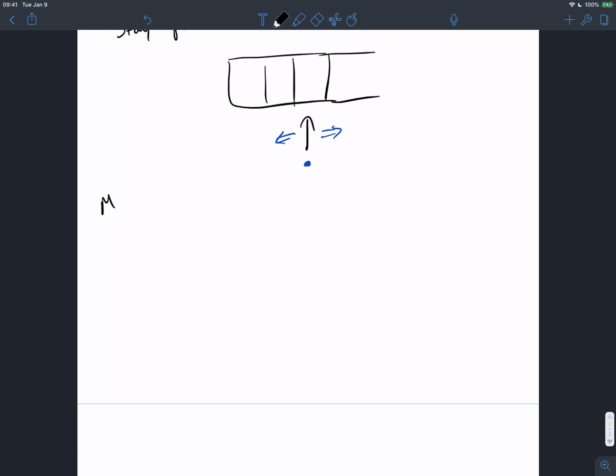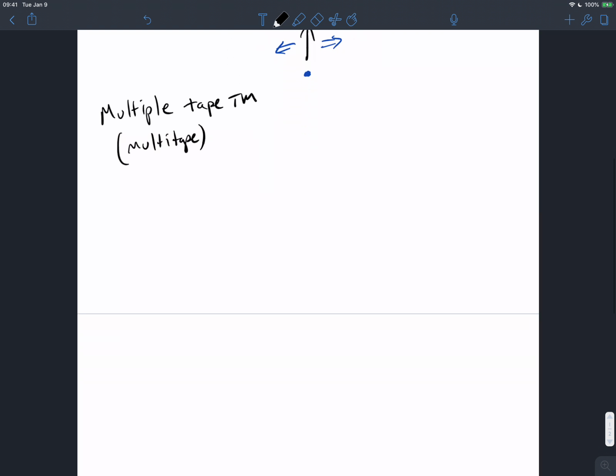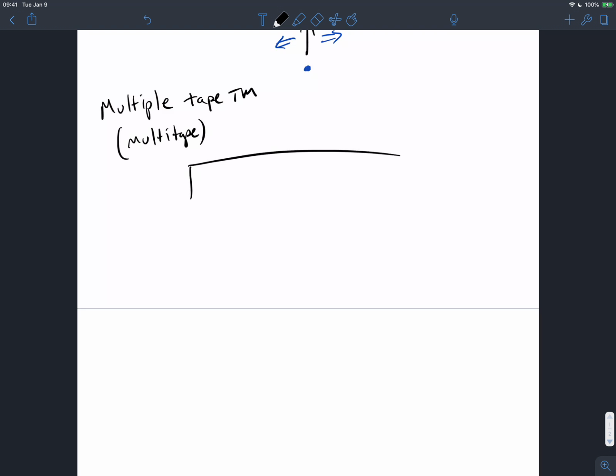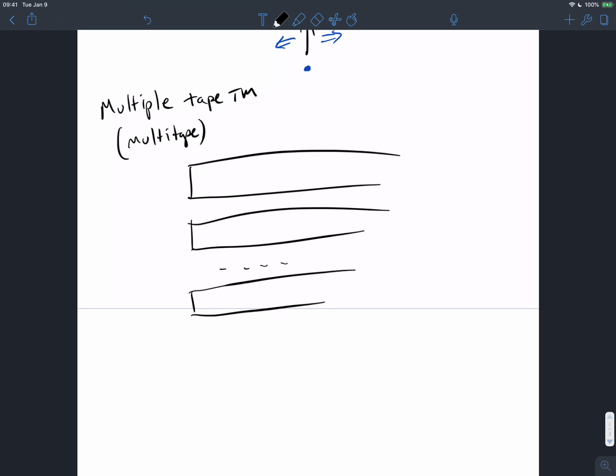So the one I told you to think about at the end of Monday's lecture is this multiple tape Turing machine, or we can shorten this to multi-tape. So instead of having a single tape to work with, we're going to have some positive integer number of tapes, k.